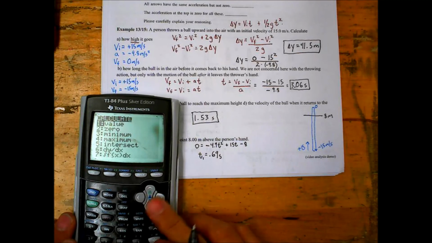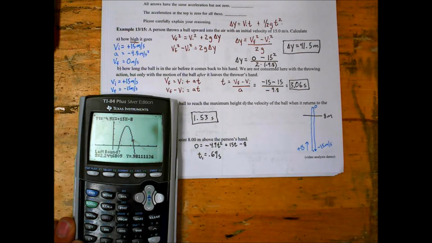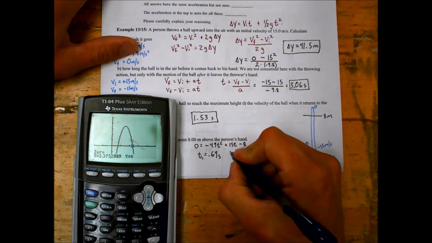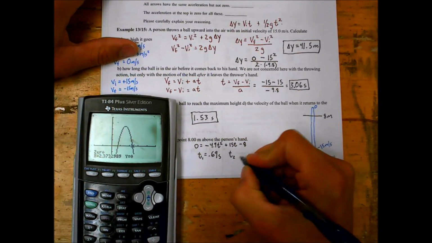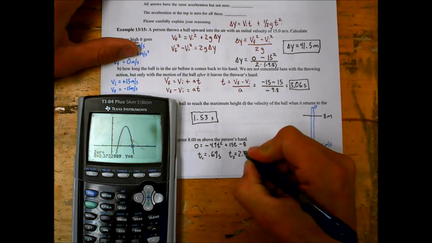Second calculate zero. Left bound, enter. Right bound, enter. Guess. Okay, and we get 2.37 for our second time. So I'll keep 2 past the decimal. t2 is equal to 2.37.